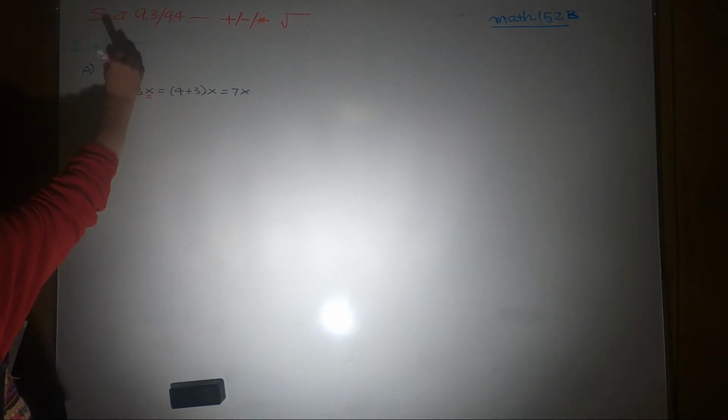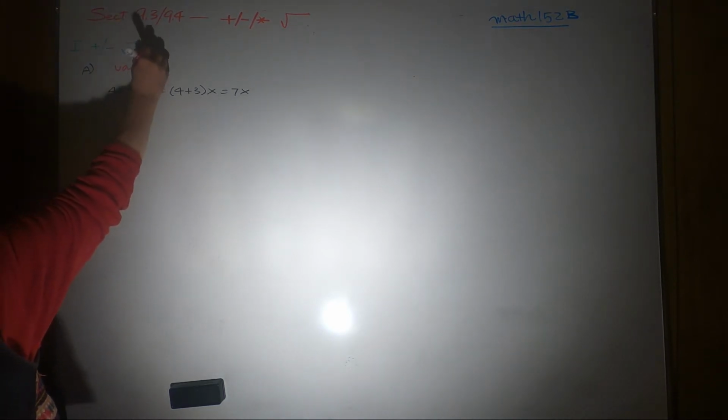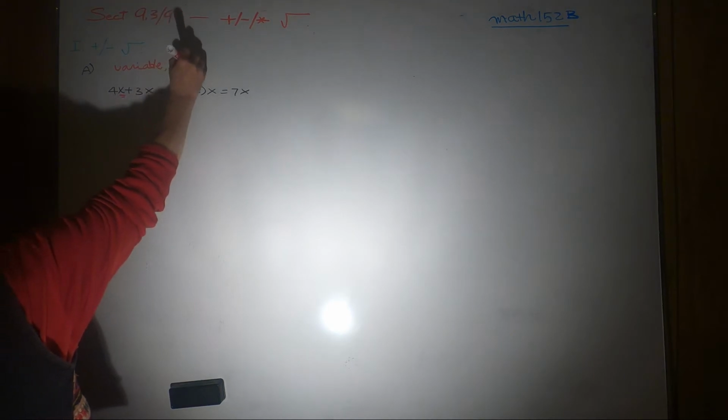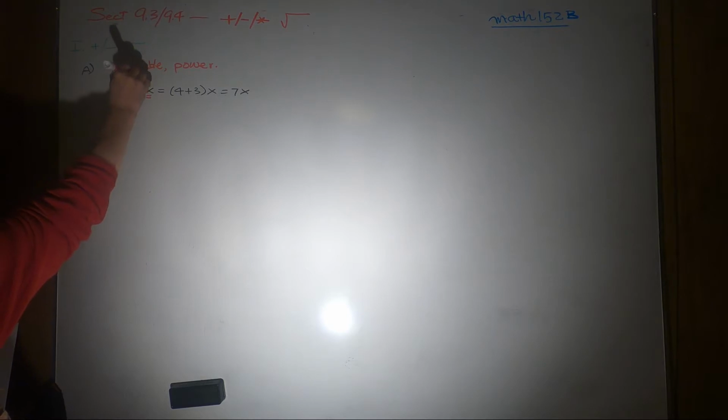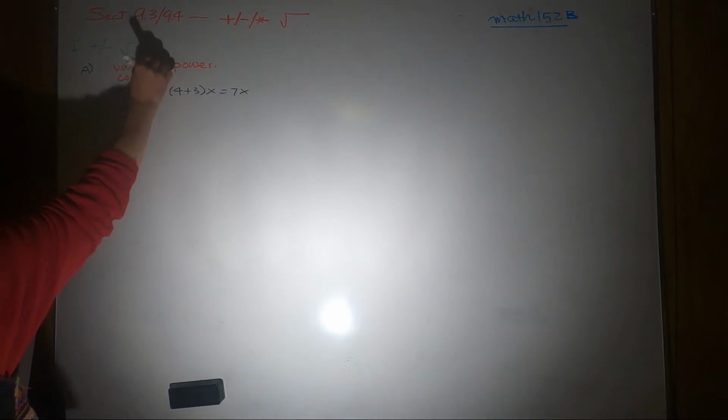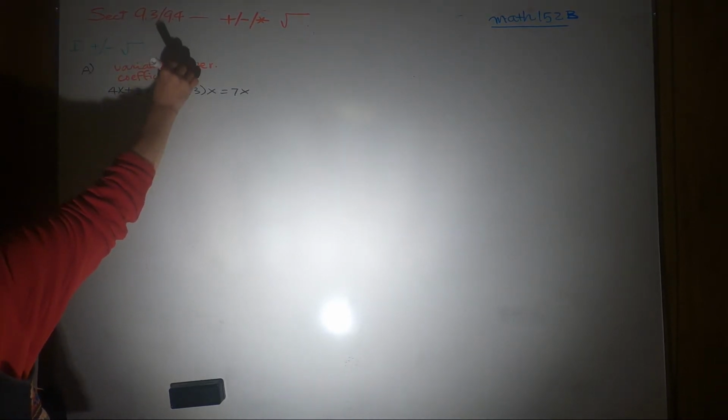You have the same variable with the same power. Then you just put the coefficients together, right? So for polynomials, same variable, same power, you combine them.